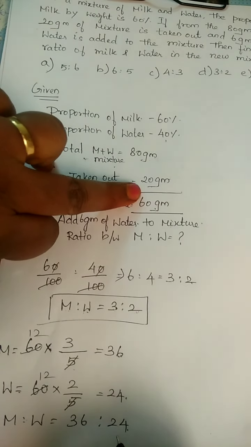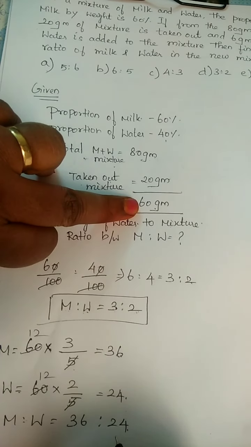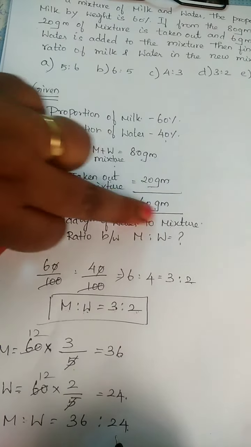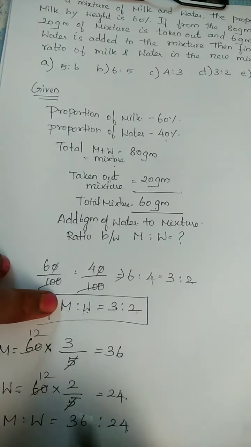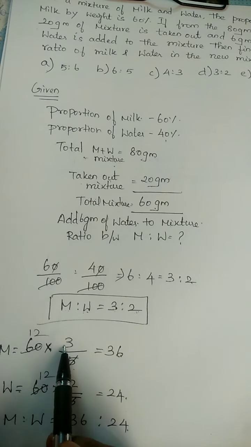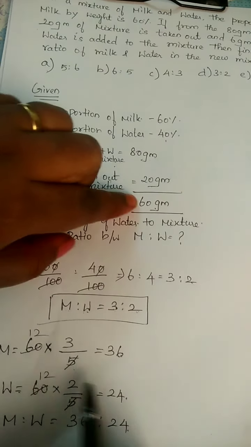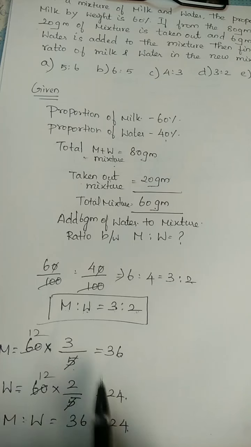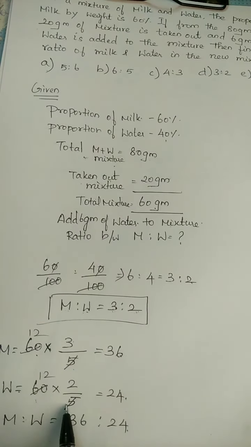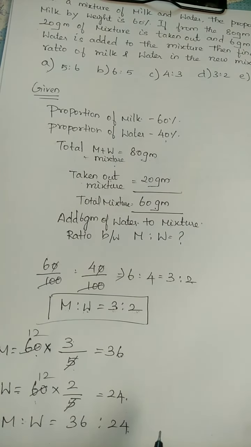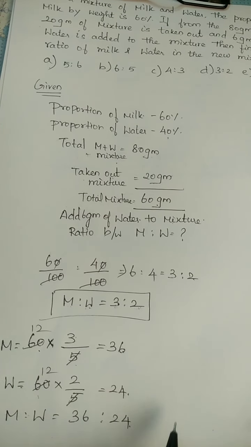After taking out 20 gram, 60 gram will come. In this 60 gram, we have found the new ratio. 60 into 3 by 5 and 60 into 2 by 5. If you add this 36 plus 24, we will get again this 60 gram. Can you be clear about this, guys?